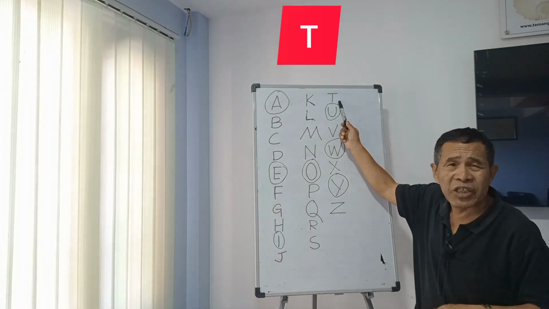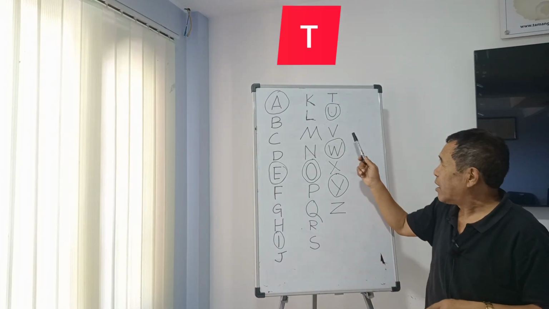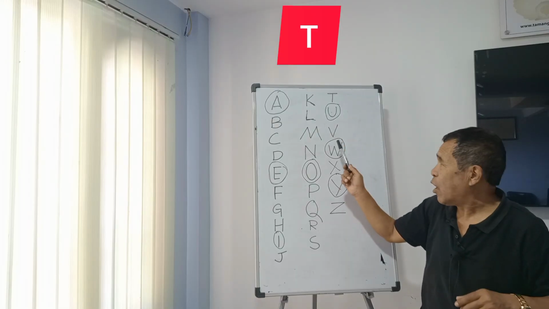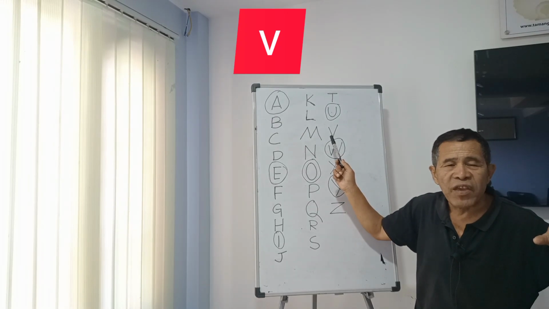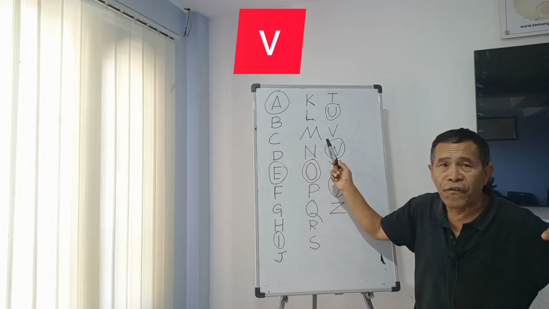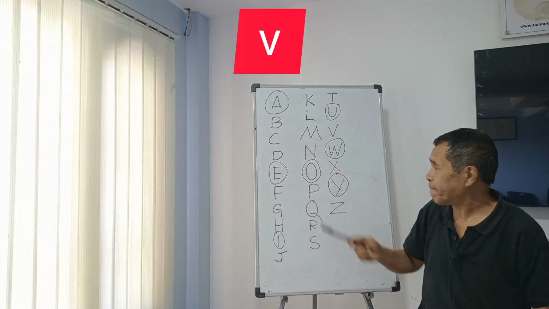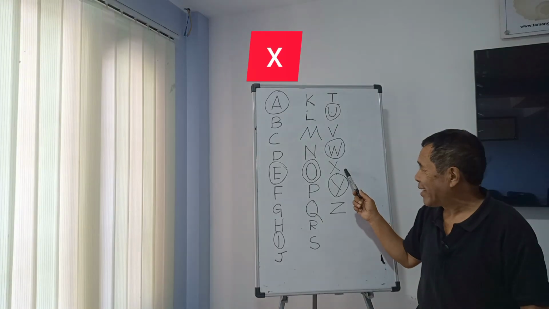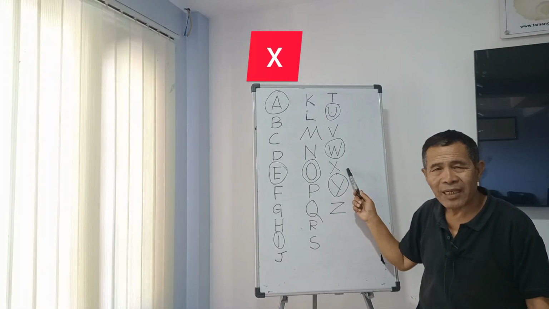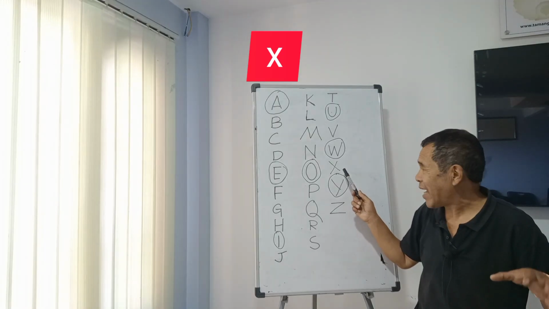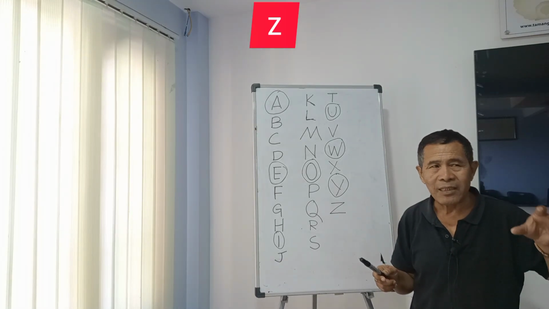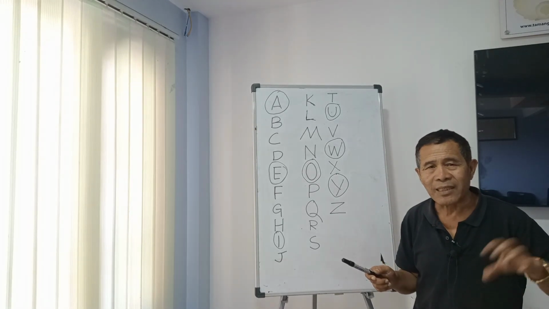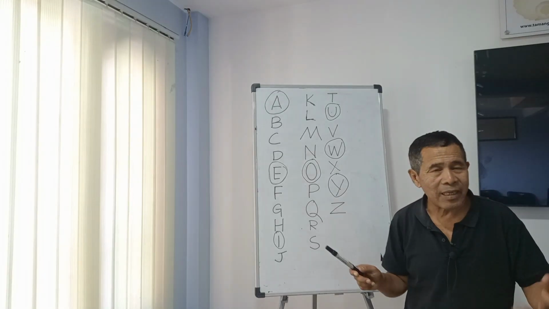S. T. See, I do my lips like this. V. V. X. X. Then this is Z. Z. So Americans, they say Z.